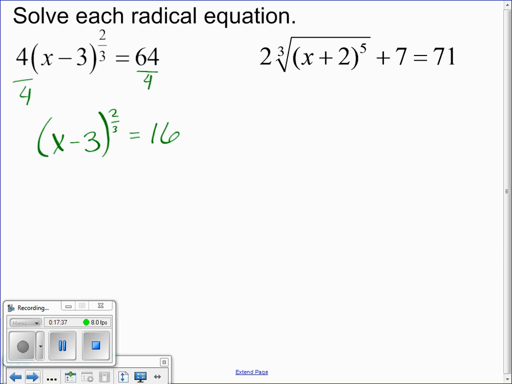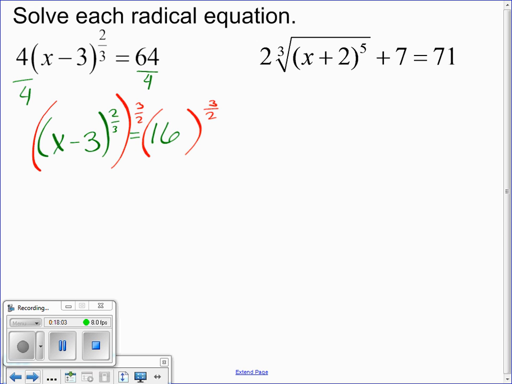All right, guys, I need you to focus for me. To get rid of this, we need to raise both sides to the reciprocal of that fraction, to the 3/2 power. Now I want to explain why. I'm trying to get this exponent to go away, right?